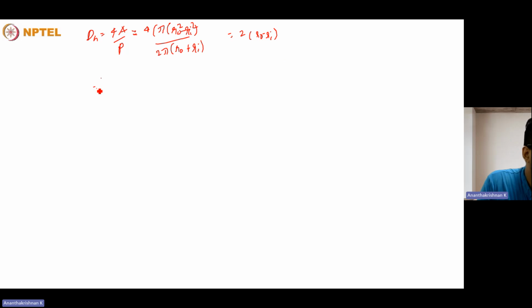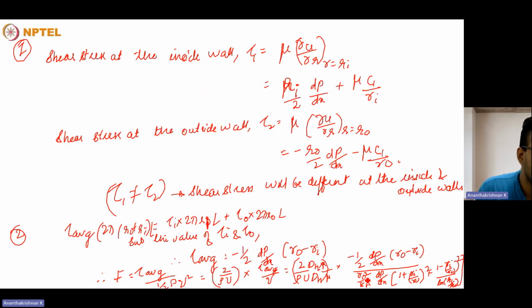So we can simplify this: the friction factor f is equal to 16 divided by the Reynolds number for the hydraulic diameter Dh, multiplied by 1 minus Ri by R outer, taking the R outer outside, the whole squared. The two Ro minus Ri terms are there. Taking Ro out from both of them, you get Ro squared, and that will get cancelled with the Ro squared remaining outside in the denominator.